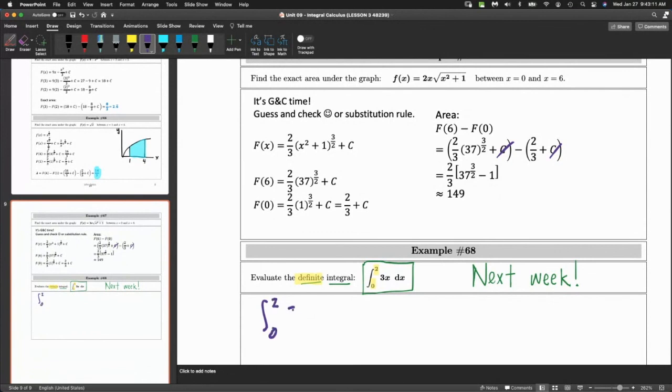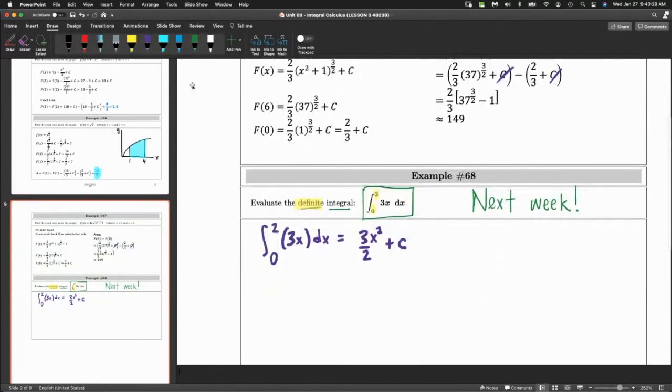You take the quantity inside here, which is 3x, and you find the antiderivative, which in this case is, as you probably know, 3x squared over 2 plus c. And then what you do is, we're not done with that. I'll explain that in a second.